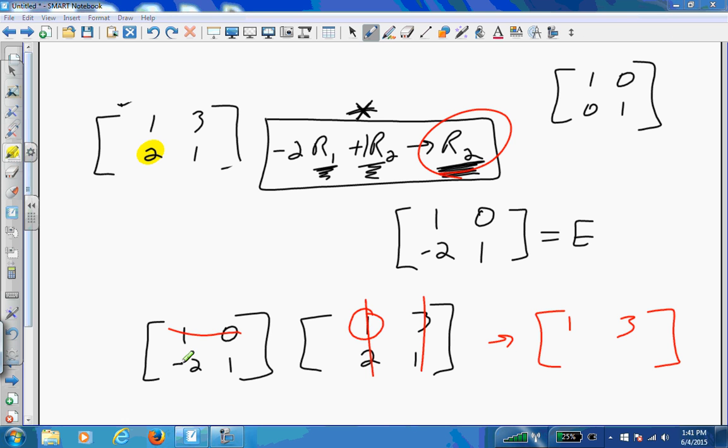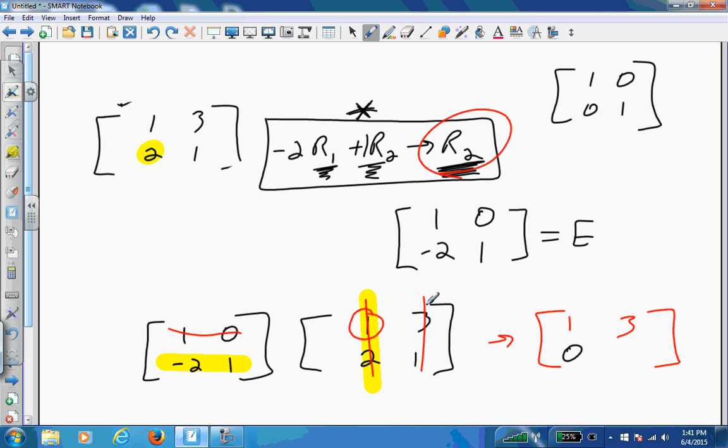Now let's take the negative 2 and 1, and do it times the first column. Negative 2 times 1, notice the negative 2 is times the first row, the 1 is times the second row. Negative 2 times 1, that's negative 2, plus 2 is 0.